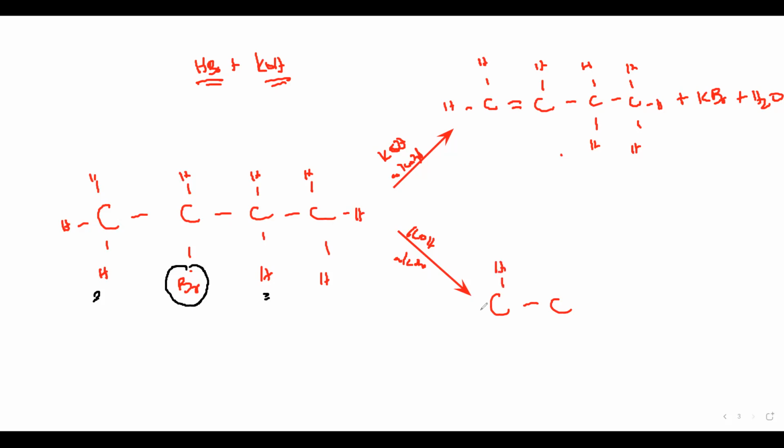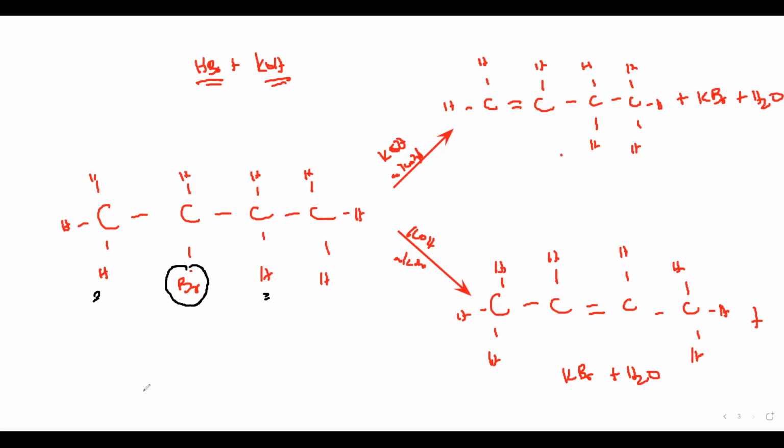So this will be CH3, this will be CH, bromine is removed, and now this hydrogen is being removed. There will be a double bond here and CH3. Again HBr is removed and reacts with KOH, producing potassium bromide plus water. So both possibilities are there.